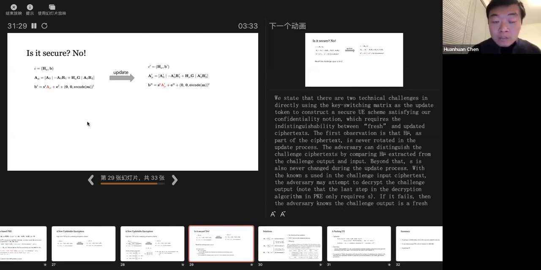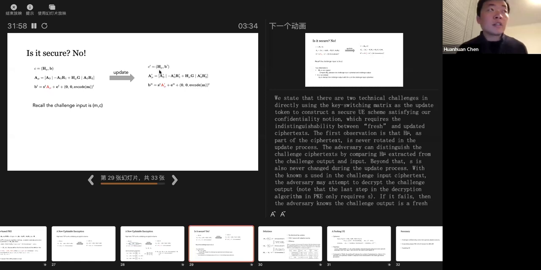Remember that the challenge input is a message and also a ciphertext. We can see that C mu and C mu prime are actually linkable, because H mu is never rotated, and we can easily distinguish just by comparing H mu in the ciphertext header.